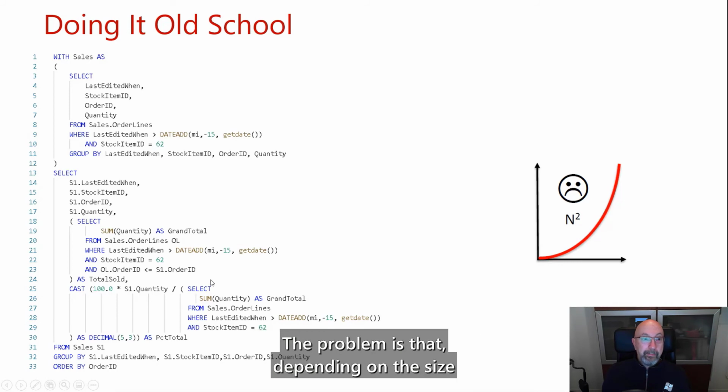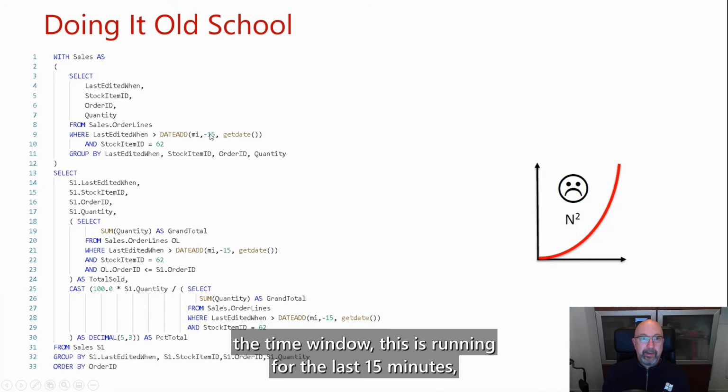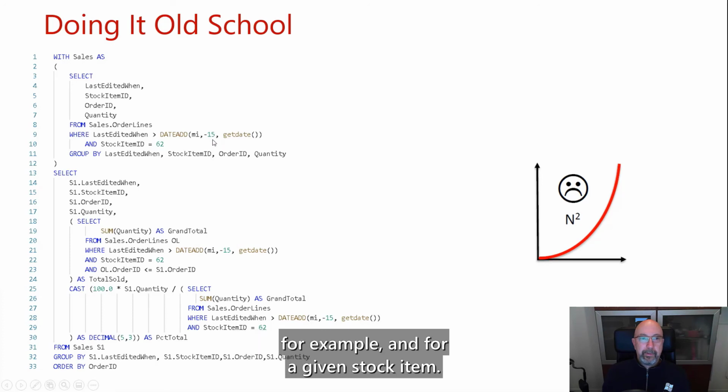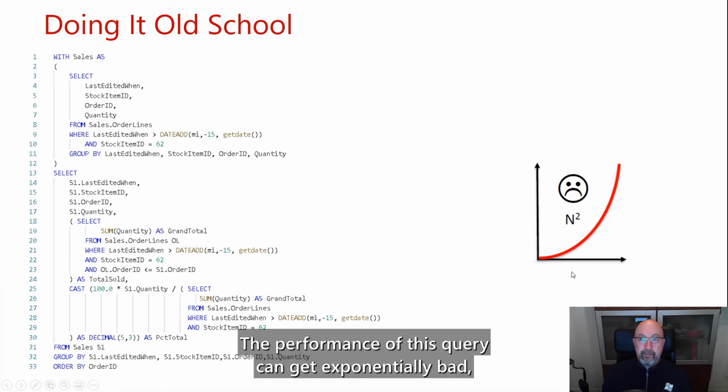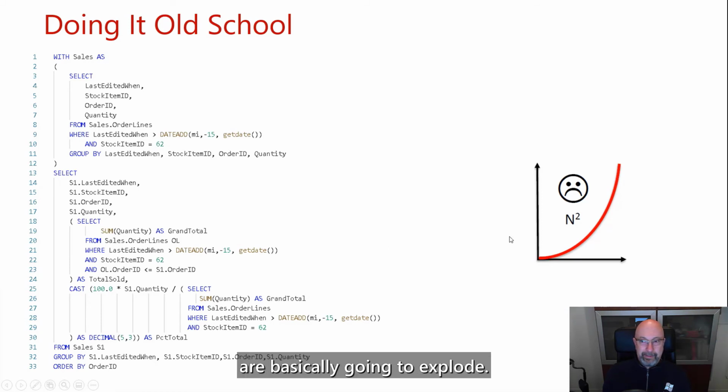And what is the problem? The problem is that depending on the size of the filters that we specify here, like for example the time window, say this is running for the last 15 minutes for a given stock item, the performance of this query can get exponentially bad, because the amount of calculations is going to explode.